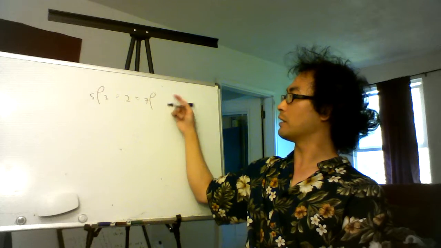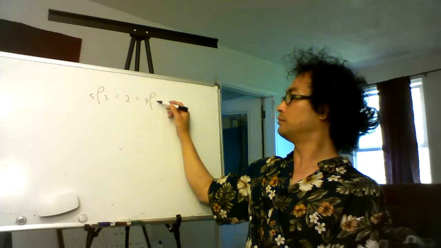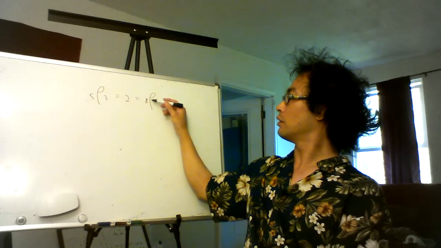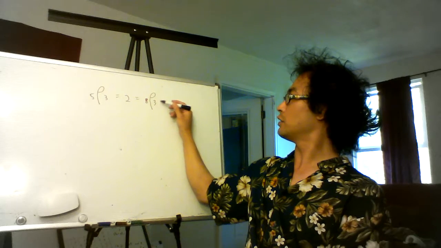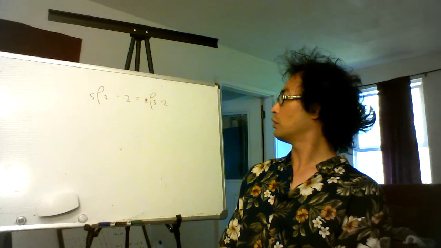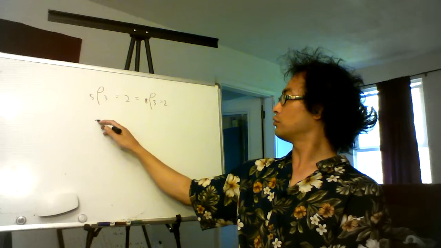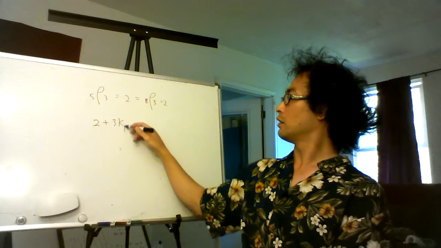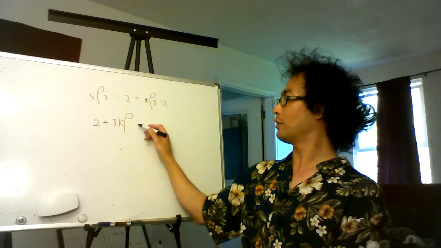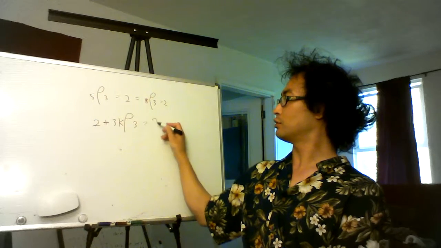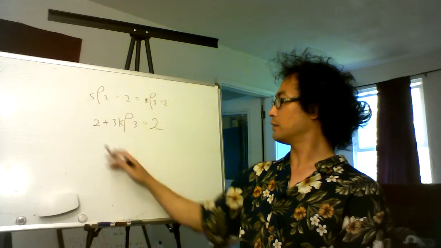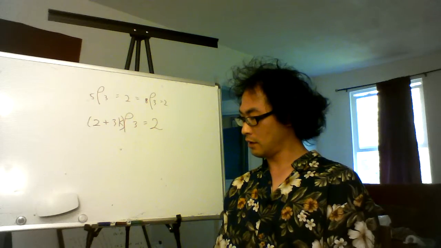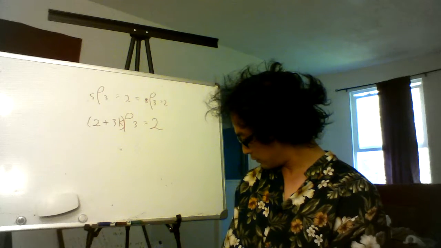Rho is remainder, okay? 7 remainder, sorry, 8 remainder 3 is also 2. So basically 2 plus 3k. Rho remainder 3 is always 2. Didn't we find some formula?